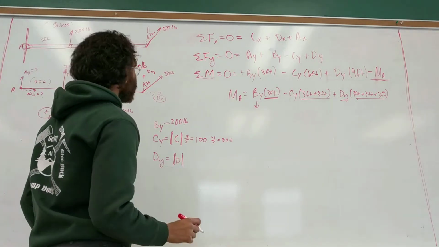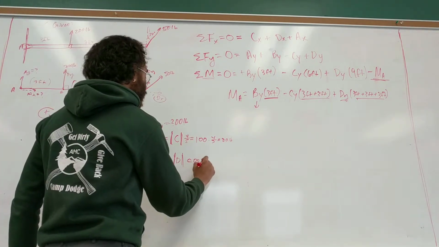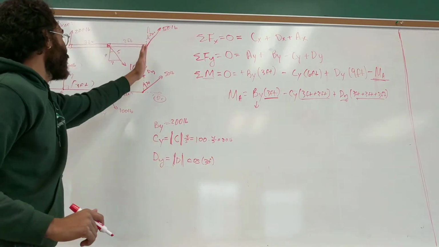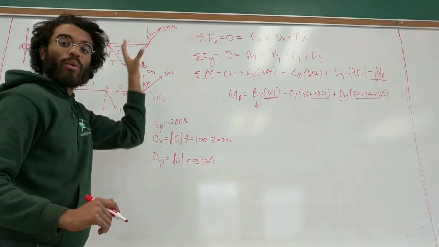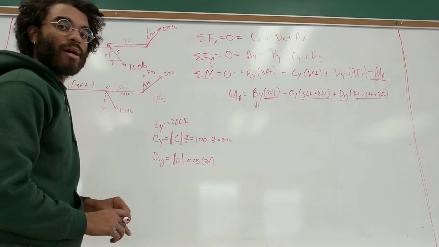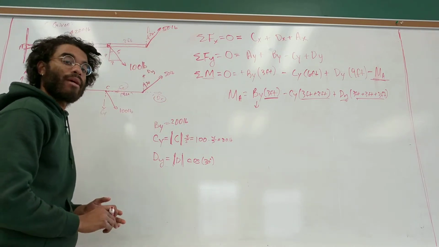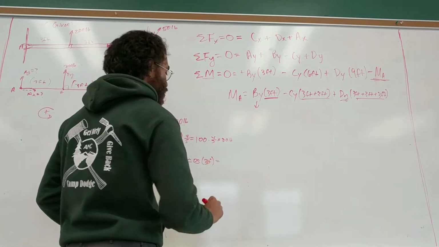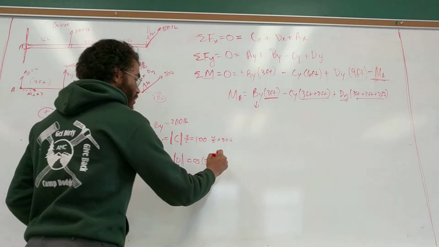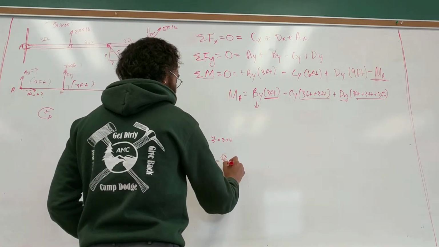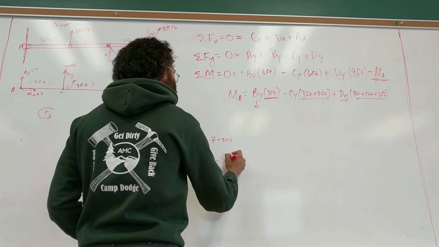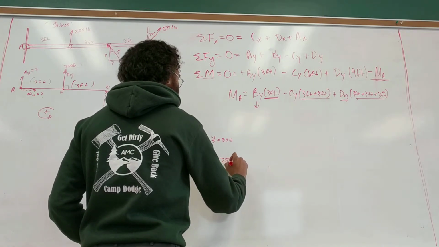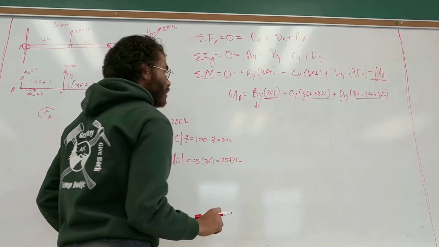And then of course we're going to do cosine 30 degrees. The reason we do cosine is because we have the angle in reference to the y-axis. We could also have done sine of 60 degrees in order to solve for DY. And that will give us root 3 over 2 times 50. So then we can just turn this to 25 root 3 lb. Cool.